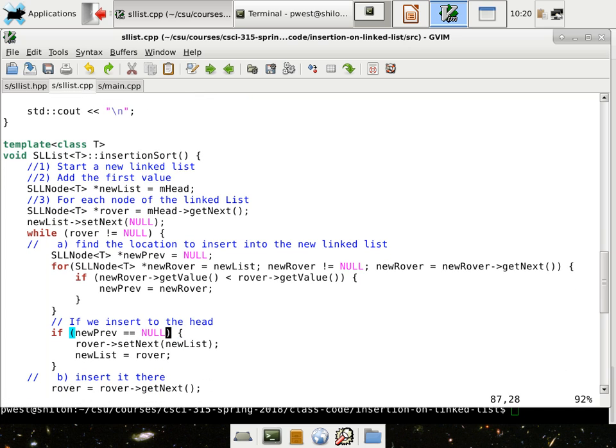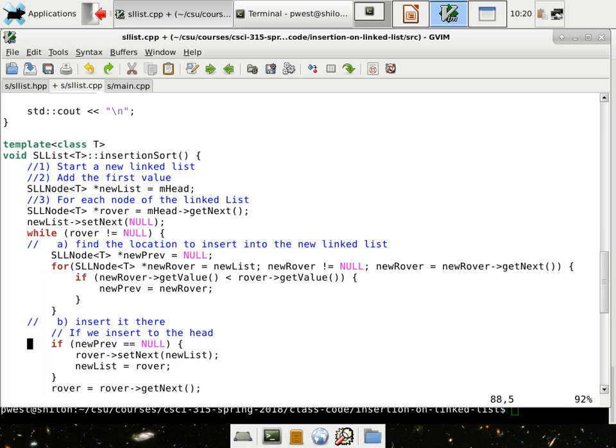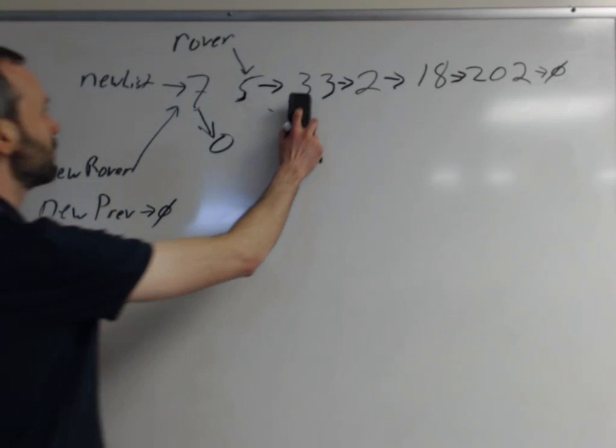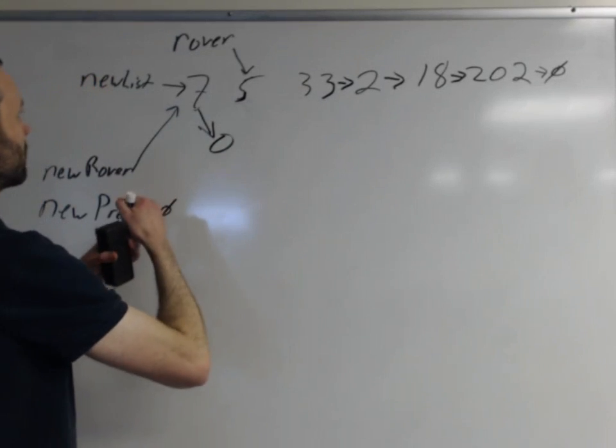Okay. All right, let's go and do this pictorially on the board so you can see what the problem is. So if new prev is null, oops, we're on the next part. If we insert to head, so new prev is null. So what that means is we're going to have, oops, what was the first step we did? Rover dash set next equal to the new list.